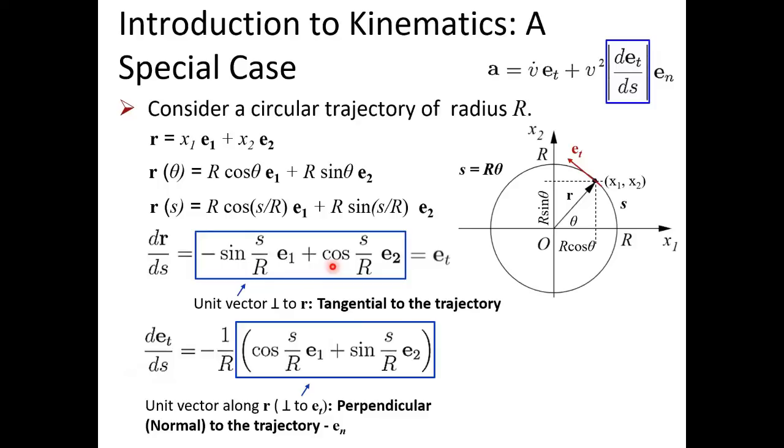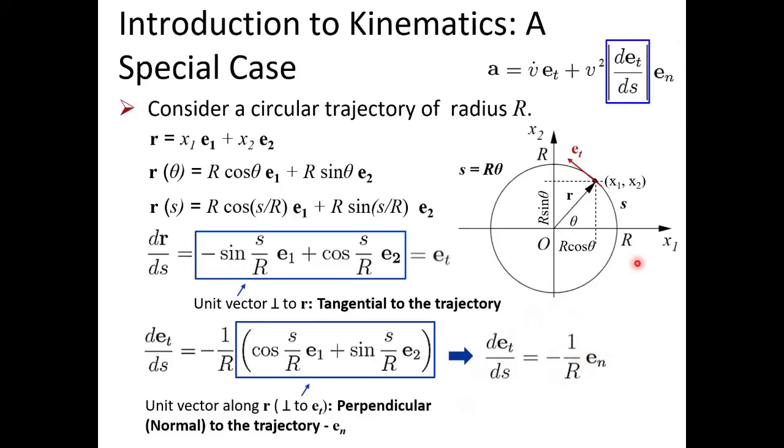So this is a unit vector perpendicular to Et, the tangential vector, and dEt over ds equals minus 1 upon r, and the normal direction of Et, as we defined, is En. Therefore, the magnitude of dEt over ds is 1 upon r. So it is not a unit vector, at least for a circle.